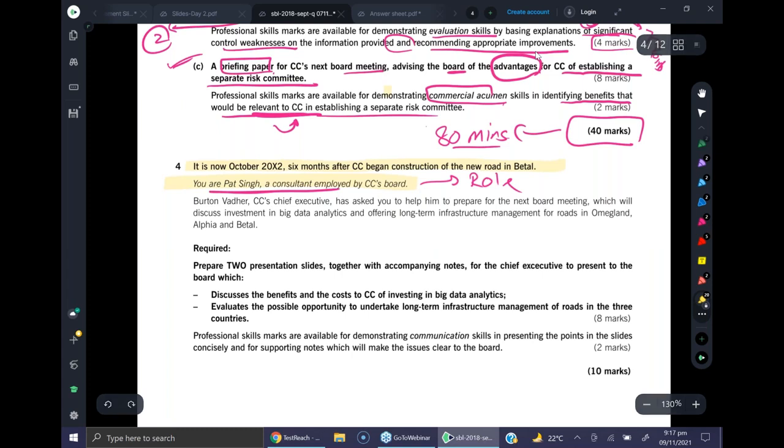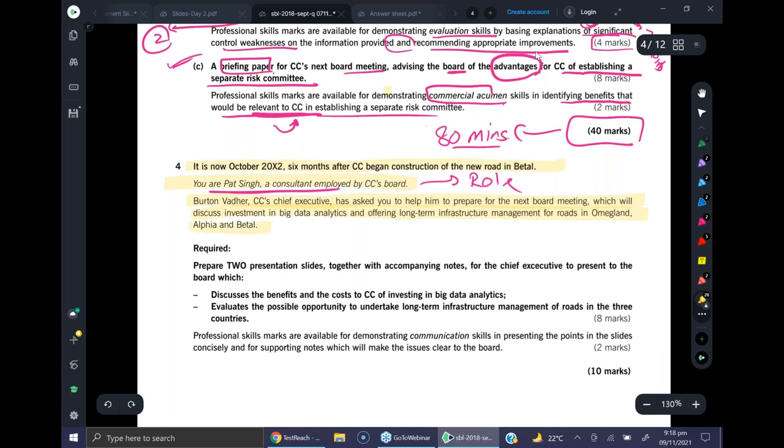We'll have to stick to what we have to write. Burton, CC's chief executive, has asked you to help him prepare for the next board meeting, which will discuss investment in big data analytics and offering long-term infrastructure management for roads in Omaglan, Elkia, and Beetle.